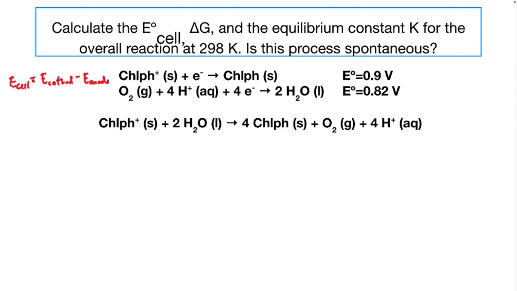If we're going to figure out E-cell, there's a couple ways to deal with cell potentials. First and foremost, a lot of people like to rely on this cathode minus anode thing. We've talked about it before. I personally don't like it because I struggle to memorize which one I'm supposed to subtract. That's really all it comes down to.